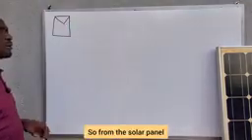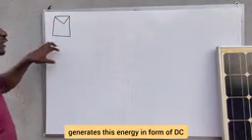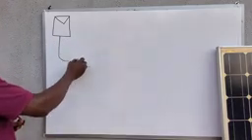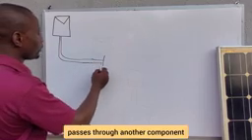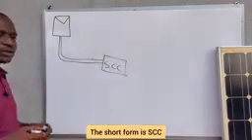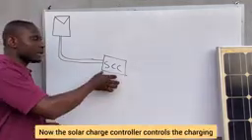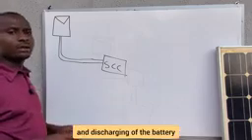So from the solar panel, when the solar panels harness the energy, and generate this energy in the form of DC, the energy passes through another component called the solar charge controller. The short form is SCC, solar charge controller. Now, the solar charge controller controls the charging and discharging of the battery.